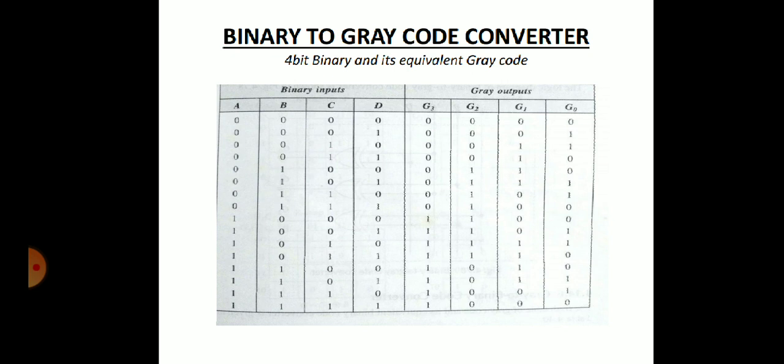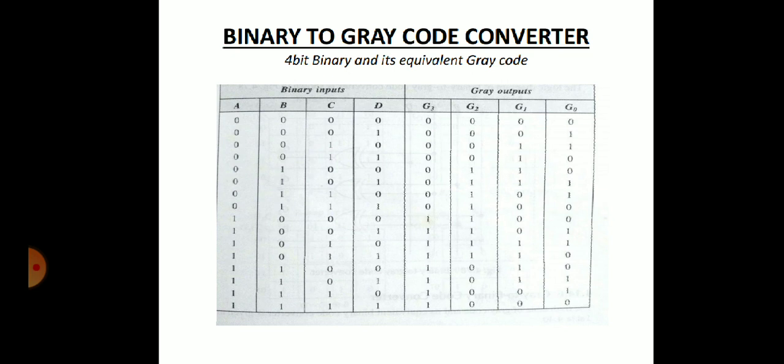Clear? Another example, second last row, 1 1 1 0. First write the first digit, that is A, directly in G3, 1. Then do XOR between A and B, 1 1, that is 0, write the value in G2. Then do XOR between B and C, that is 1 1, so result is 0, write in G1.